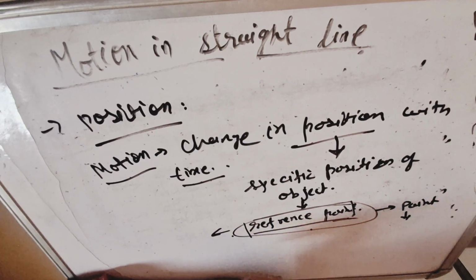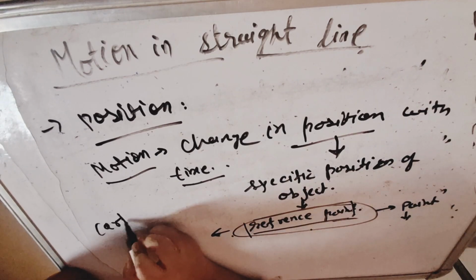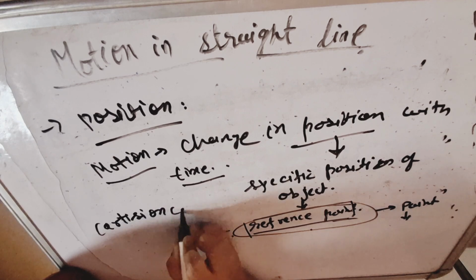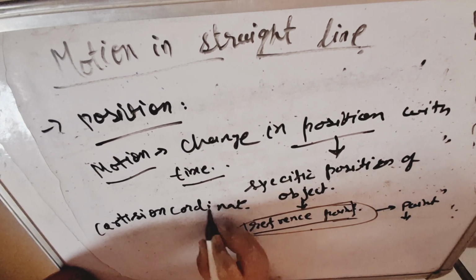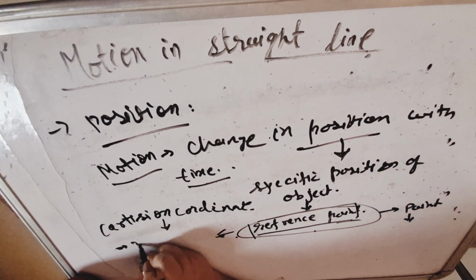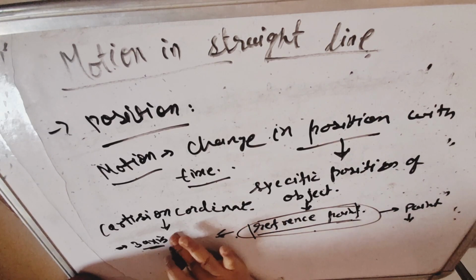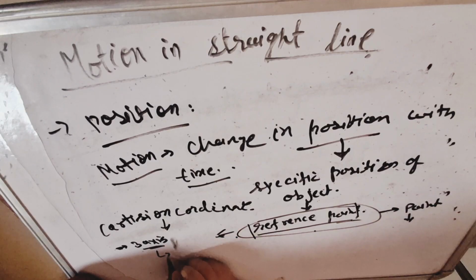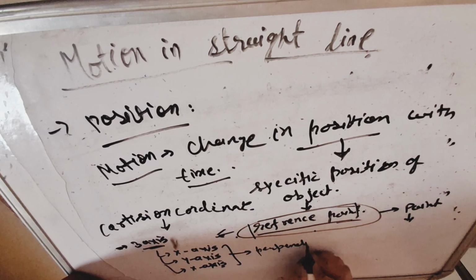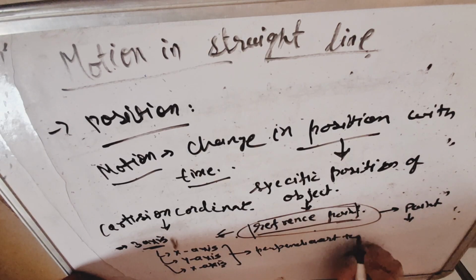Now, how will we find the reference point? For finding the reference point, we need the Cartesian coordinate. We need three axes: x-axis, y-axis, and z-axis. The three are perpendicular to each other.